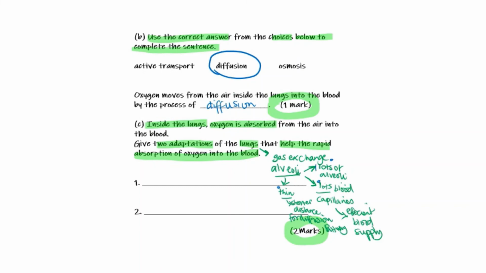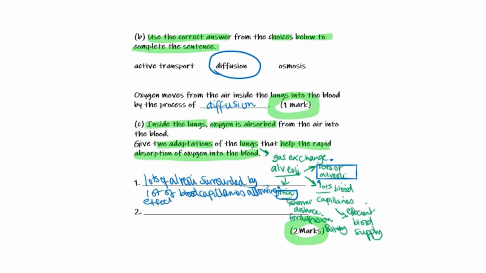But remember, if you write about the alveoli, you must write about the blood capillaries and the blood supply to guarantee the mark. And if you talk about them being thin, you must write about the distance and the diffusion pathway. So we will write lots of alveoli surrounded by lots of blood capillaries, allowing effective diffusion.